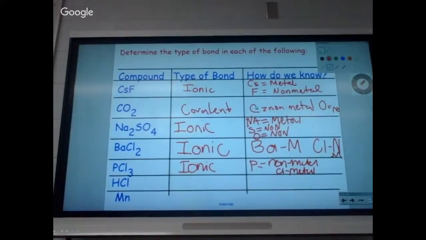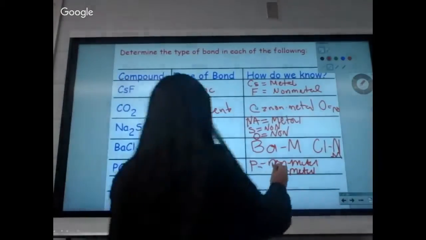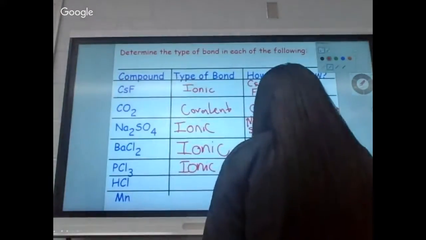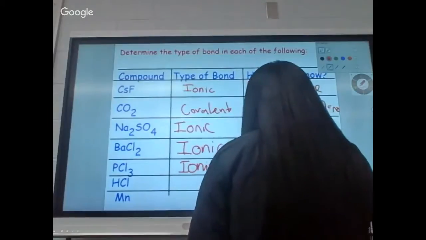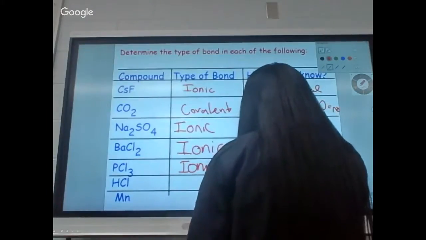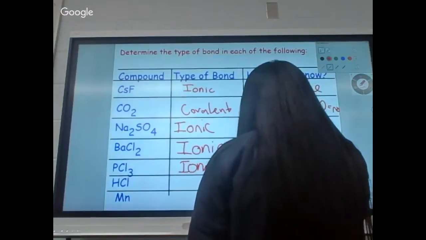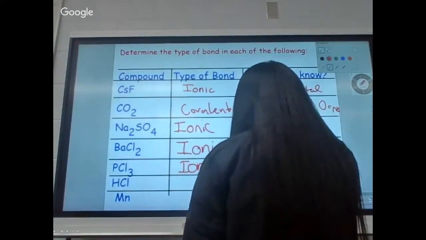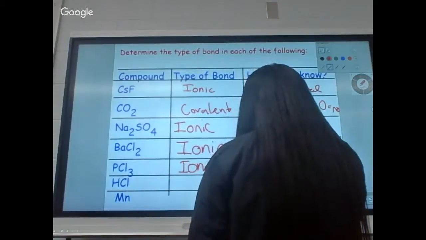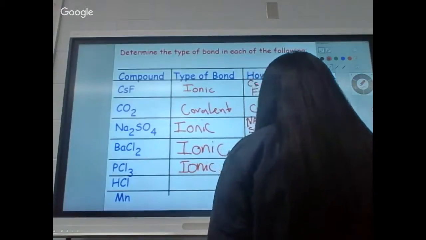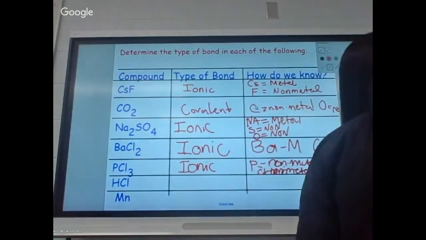It's a metal? Yeah, it's a non-metal. This is on the right. So if they're both non-metals, what does that make the bond?